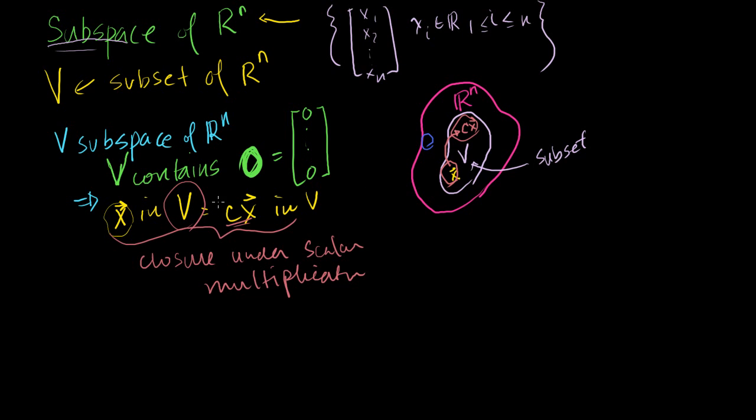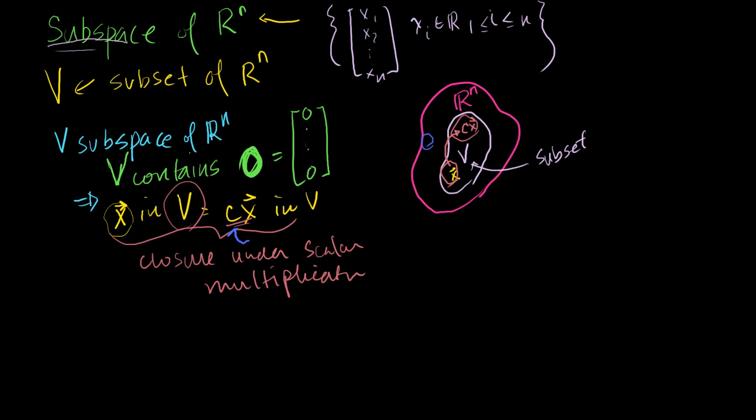In order for it to be a subspace, if I multiply any vector in my subset by a real scalar, I'm defining the subspace over real numbers, I should also get another member of this subset. So this is one of the requirements.